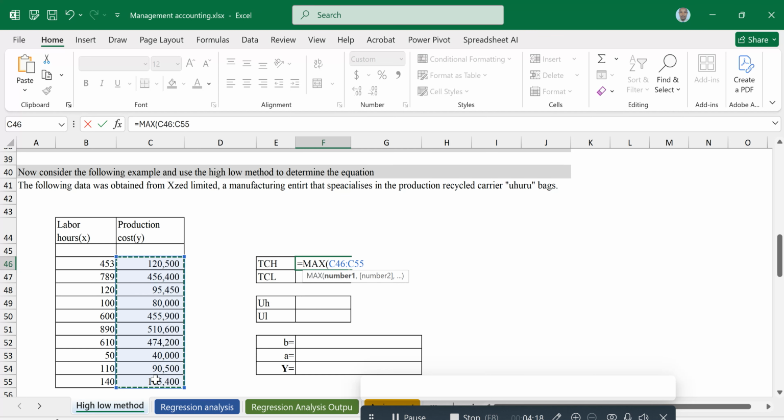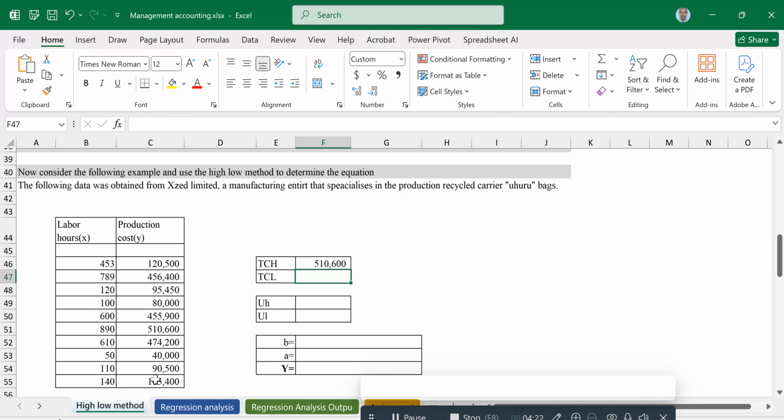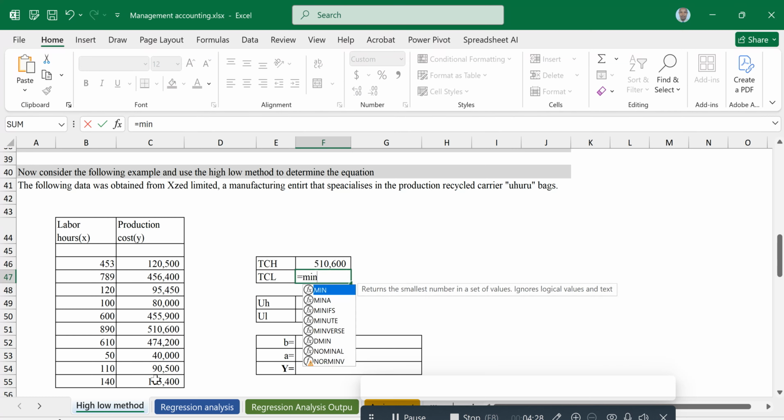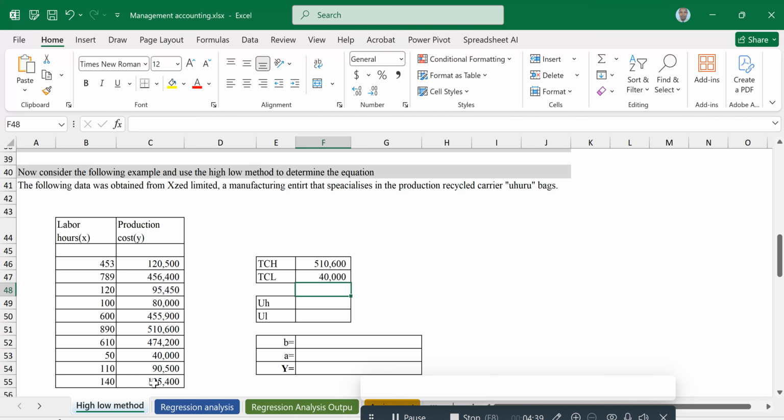The total cost at high is 510,600. Then for the total cost at low, you will use the min function. So equal sign, min, tab, then select from 120 to 105,400. It will give you the lowest cost, which is 40,000.